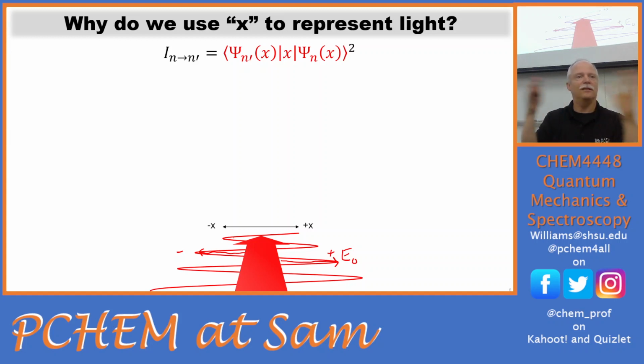We have the wave function that's a function of x, and then we just have the x-axis multiplied by the wave function, and that simulates the interaction of light with this wave function. So we have light interacting with the lower state wave function, and then we're seeing if that product has a non-zero overlap with the upper wave function.